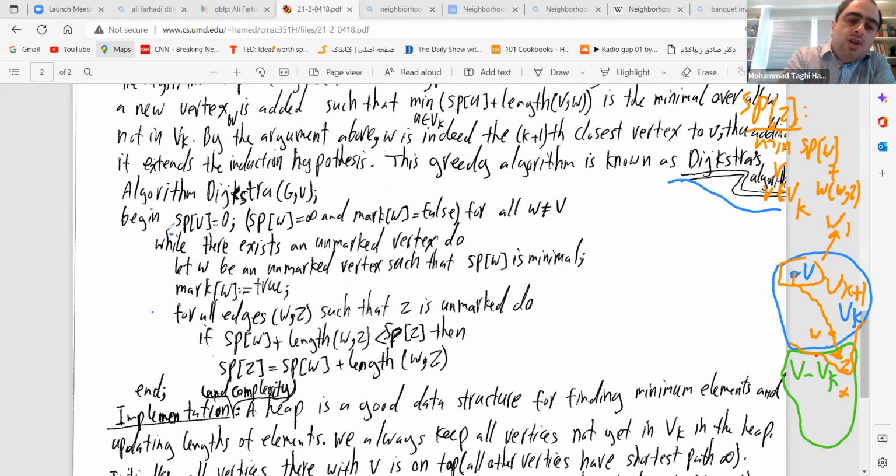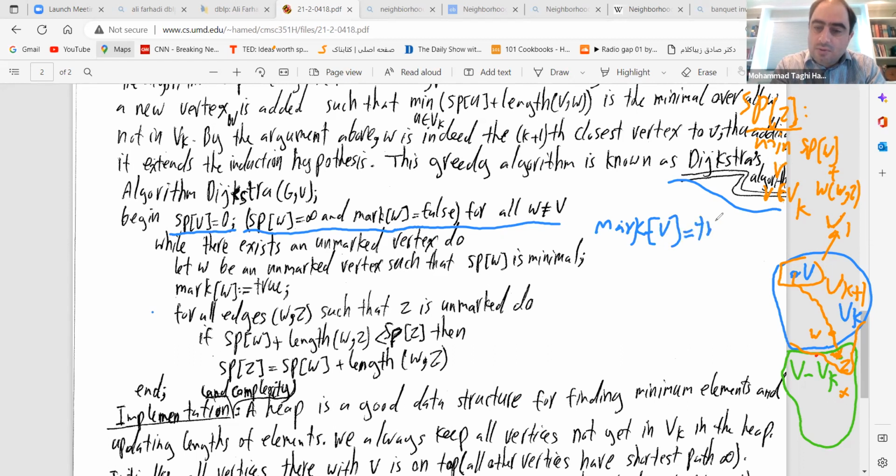So we first initialize everything. This is the basis of induction, and SP of W is equal to infinity for anything else. And here mark W essentially means mark V. So here we have the mark of V is equal to true, and the mark of W for everything else would be false.